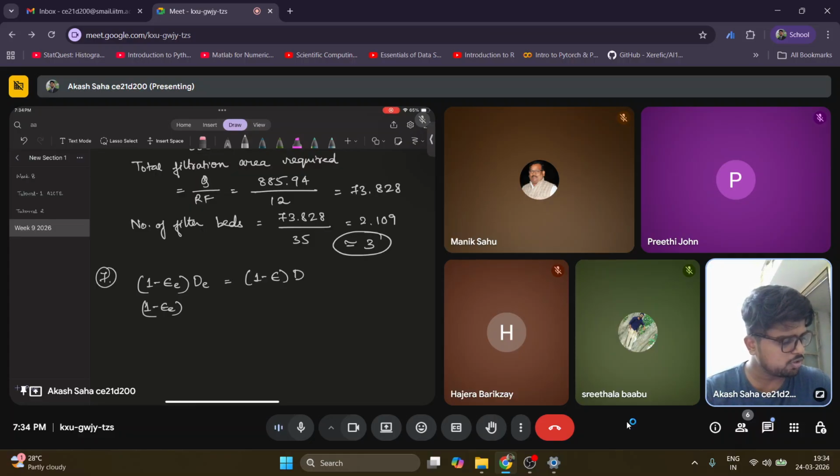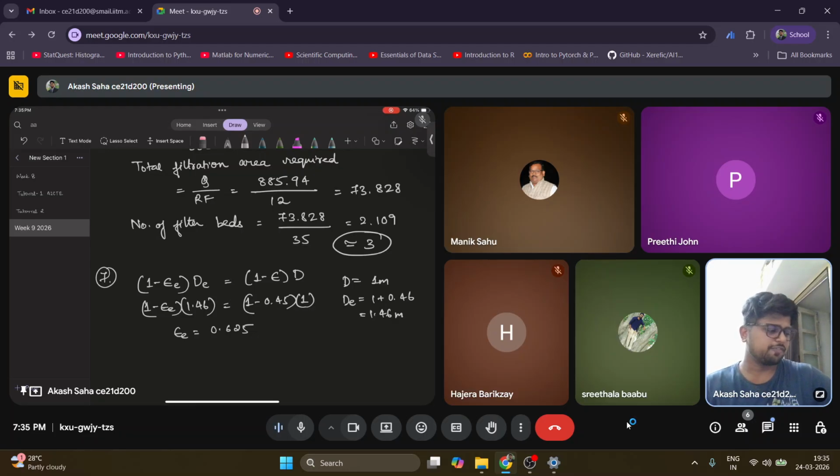Our depth of filter was 1 meter and it expanded by 0.46, so the depth of the expanded bed will be 1 plus 0.46, that is 1.46 meters. So 1.46 times (1 minus the unknown porosity) equals 1 minus 0.45, times the filter depth of 1. From here we get the porosity of the expanded bed as 0.625.